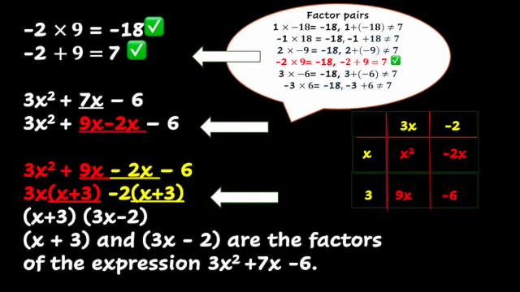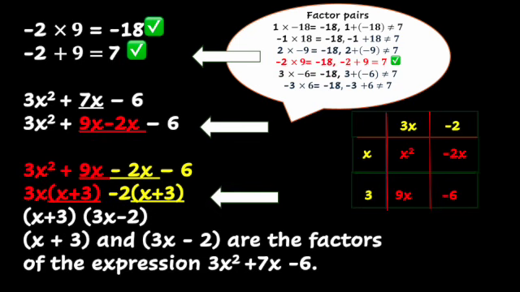Now if you have a look at this expression, we can take x plus 3 common from both the terms, and in the bracket we are left with 3x minus 2. So our factors are x plus 3 and 3x minus 2. So here you can write x plus 3 and 3x minus 2 are the factors of the expression 3x squared plus 7x minus 6.